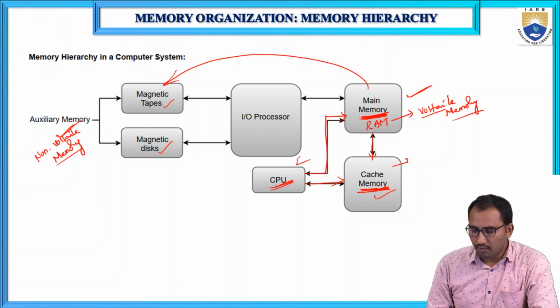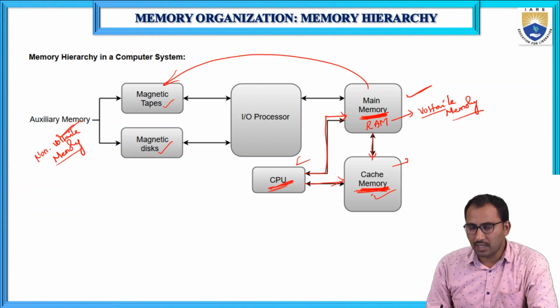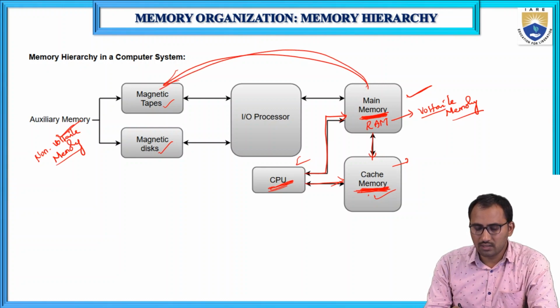So when the CPU requests that data again, first the CPU checks in the cache memory. If the data is available in cache memory, then the CPU can access it from the cache memory. Otherwise, the CPU will go to the main memory and access it from there. If the required data is not present in the main memory either, it will go to the auxiliary memory.